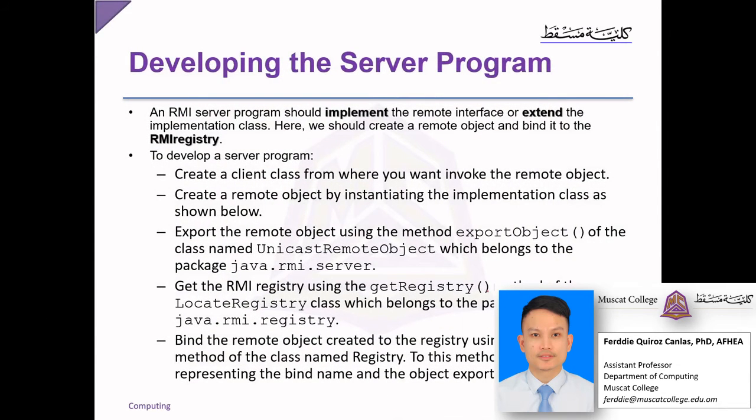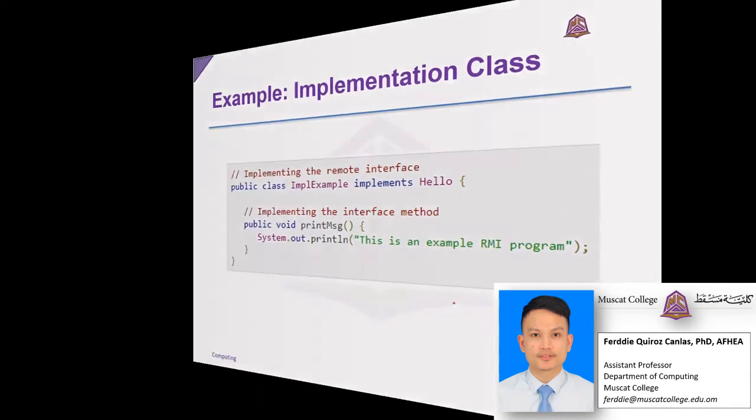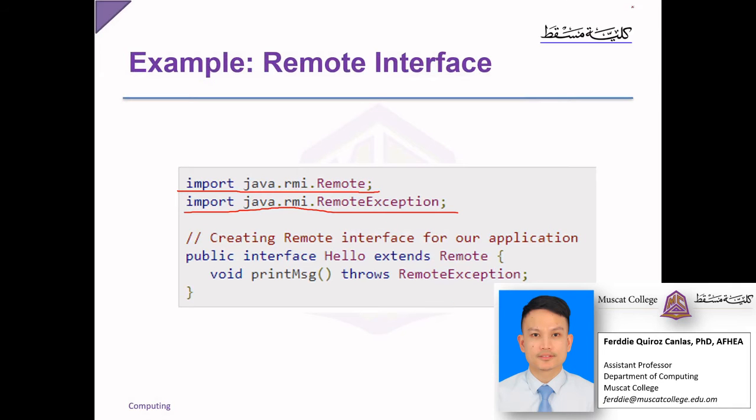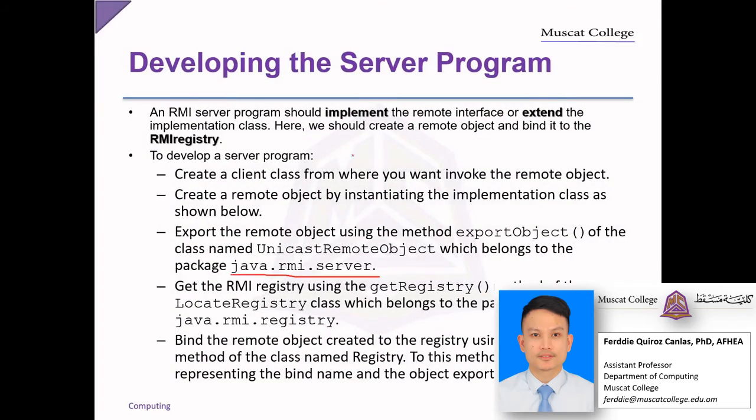And then you have to develop the server program in this case. Okay, so we have to import many libraries like java.rmi.server. In addition to the libraries that we imported earlier, we have to import another library for the server because we want the server to host the RMI.